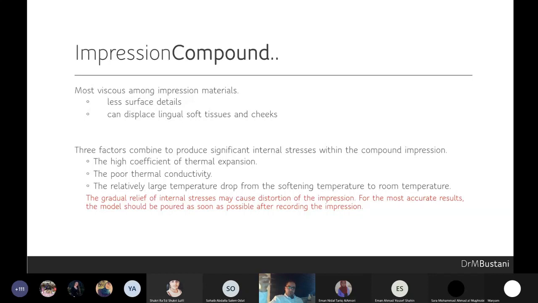All of these stresses will cause the material to change its shape a little bit, so the pouring has to be done as soon as you take it out of the patient's mouth. It's not a dimensionally stable material.